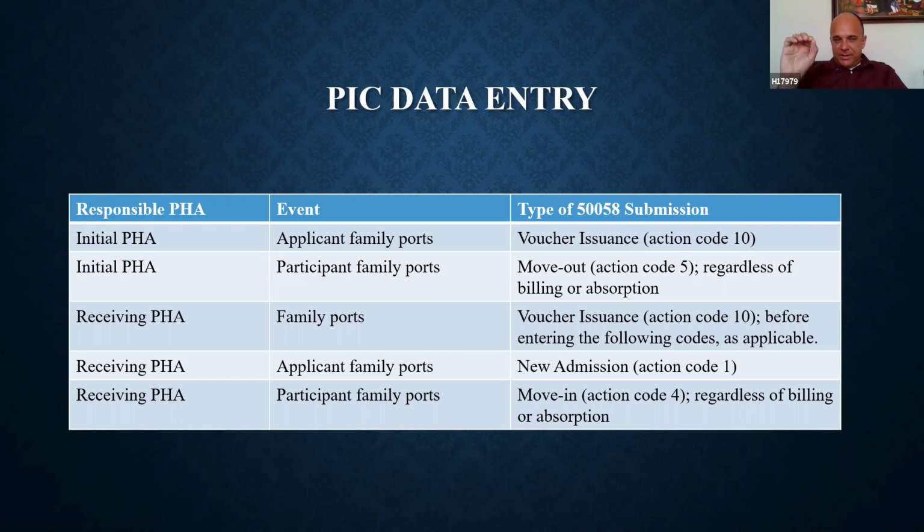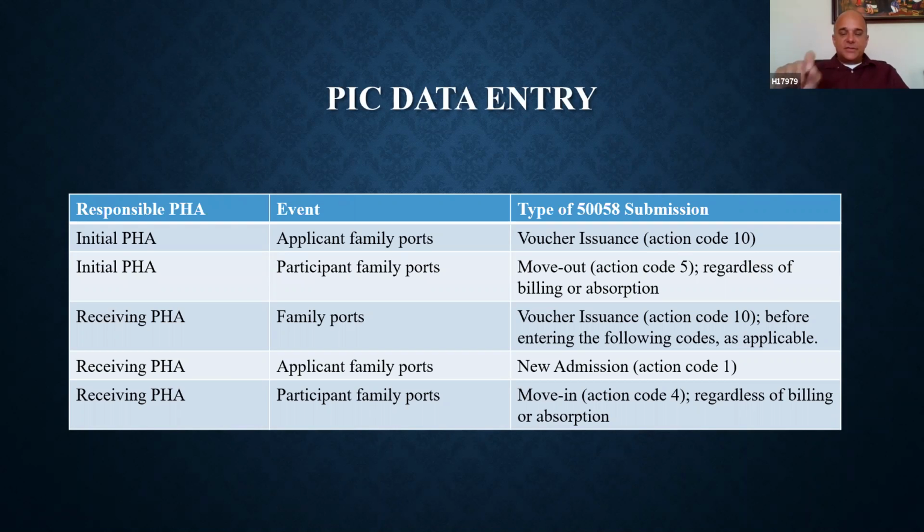Now, normally when the family moves out, the initial PHA is also going to do a move out, what we call a portable move out, code number 5. This is what signals the PIC system that a family is ported from the initial PHA's jurisdiction and will be moving to another jurisdiction. On the other end of that, the receiving PHA will also issue a voucher issuance, or a code 10, and then later on will do a portability move-in.